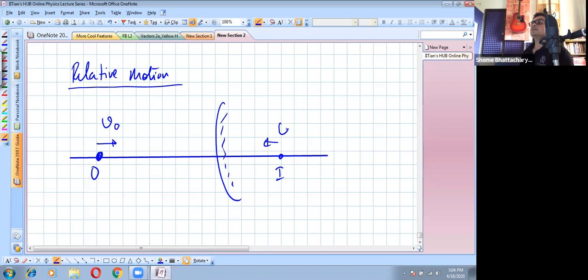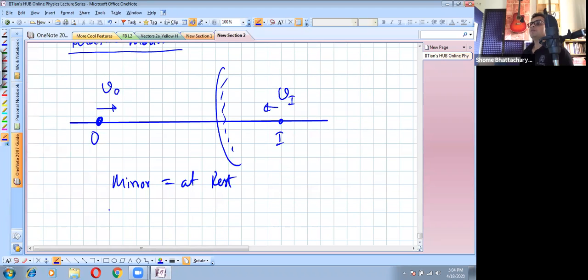You'll see it is moving like this. Now, how to get the relation between this? This is how you do. If the mirror is stationary, at rest, okay, then the proper VO with proper sign convention is nothing but du by dt. With proper sign, this side is negative, this side is positive.